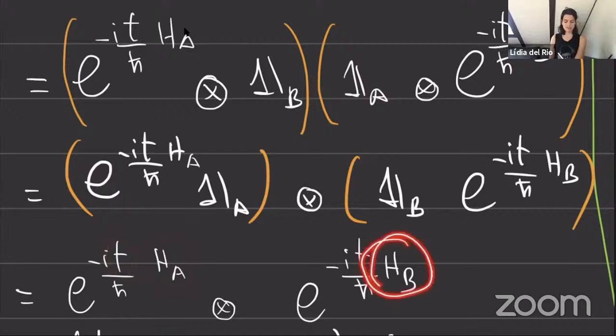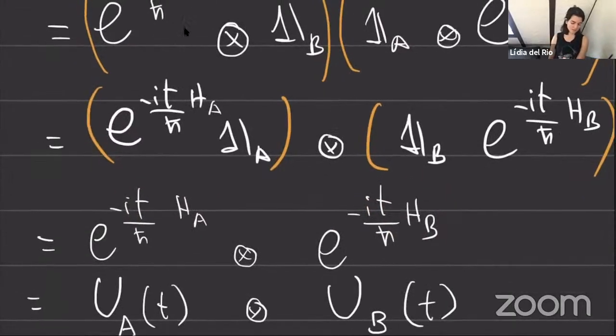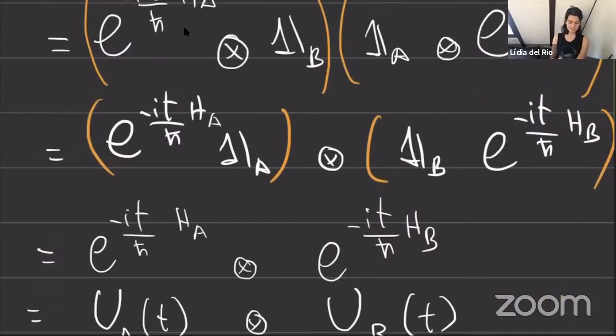And here again, another Hamiltonian times t and the usual constants, which means that this is the unitary that describes the evolution of subsystem A as if it was evolving only under Hamiltonian H_A for time t. And here, same thing, is the unitary that describes the evolution of system B according to this Hamiltonian H_B for time t. And that's it.